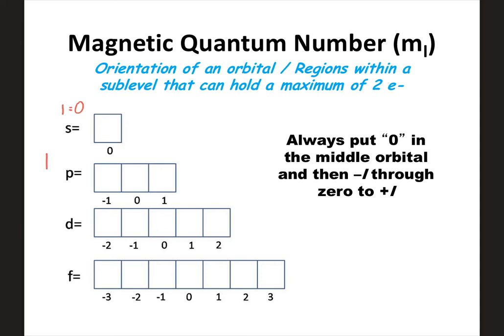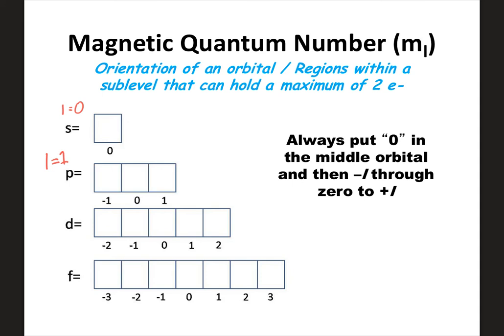But then P's get a little bit more interesting. The L value for a P is equal to 1. So that means the P sublevels can have ML values from -1 up to +1. You always have 3 orbitals for a P. So your middle P box you label 0, and then you put -1 to the left of it, +1 to the right of it.